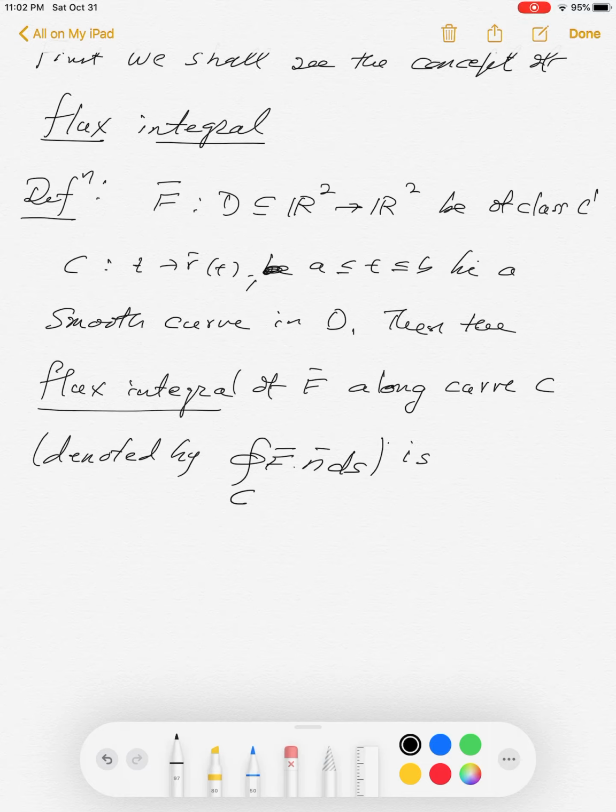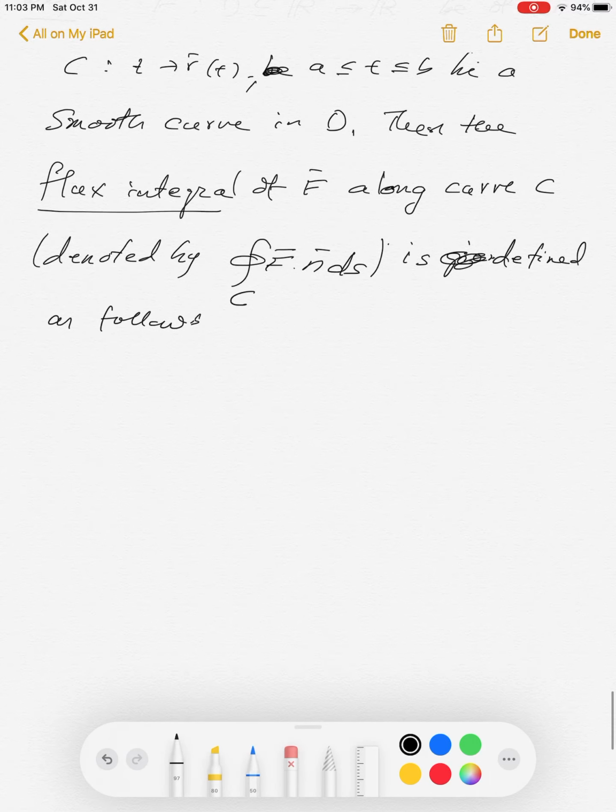So remember, line integral was F bar dot T bar ds. So this I will define in a minute. Let me define it more precisely.